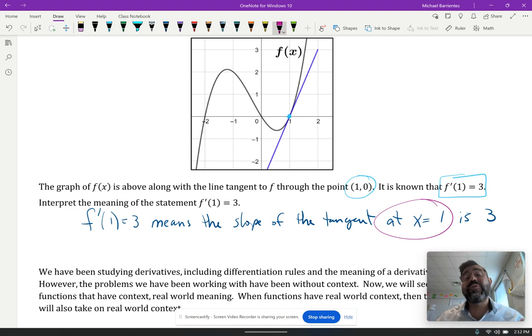And so that's why we worry about finding the slope of the tangent line, is because that really is the slope of the curve. So up to this point, this is what we've said, that f prime of 1 equals 3 means that the slope at x equals 1 of the tangent line is 3.